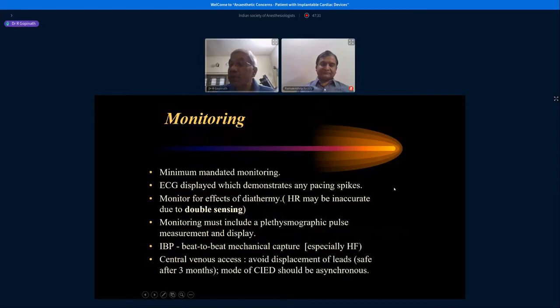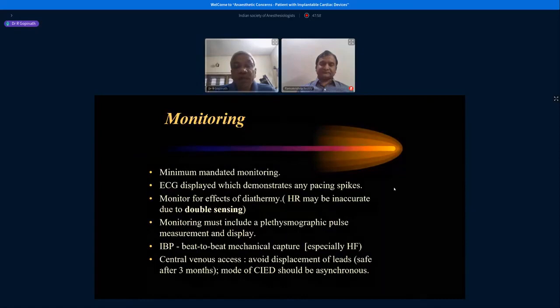How do you monitor these patients in the intraoperative period? Apart from the minimum mandated monitoring, you should also have other sources which can pick up the mechanical component of the myocardial function. One is the ECG, which displays pacing spikes, and this can be disturbed because of diathermy.